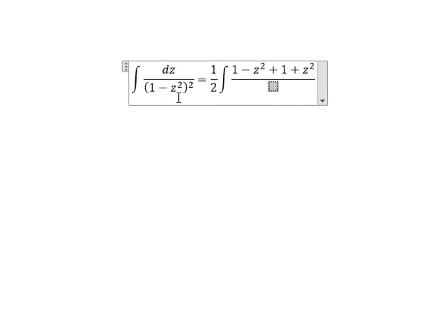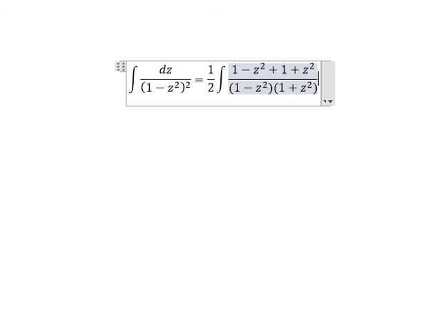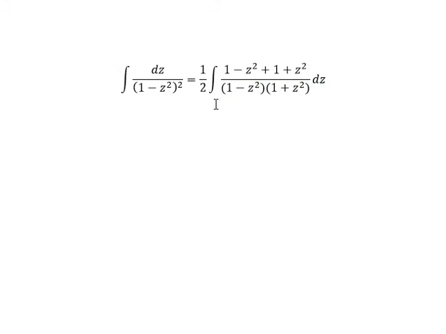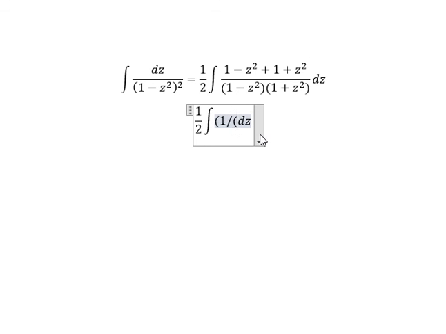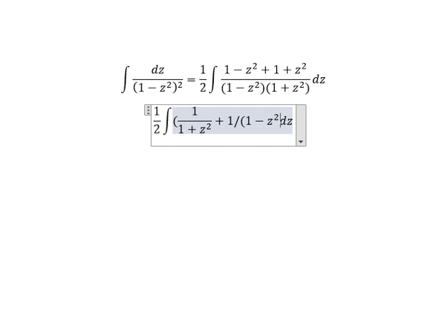Then 1 minus z to the power of 2 and 1 plus z to the power of 2 dz. Next, 1 minus z to the power of 2 divided by 1 minus z to the power of 2, you will get 1 over 1 plus z to the power of 2, and 1 plus z square divided by 1 plus z square, you get 1 over 1 minus z to the power of 2.